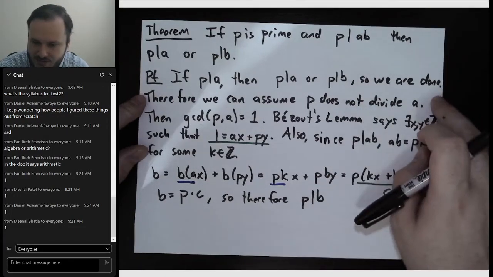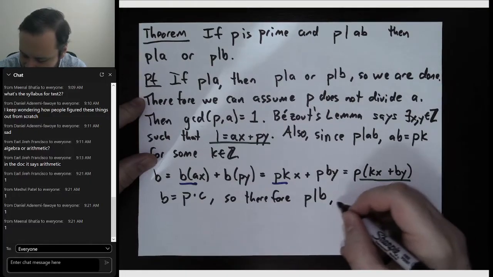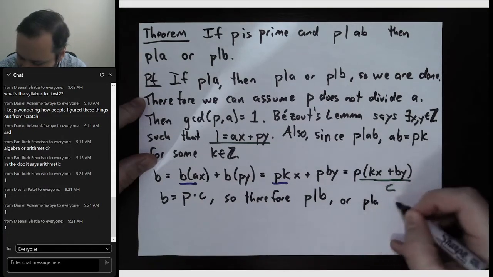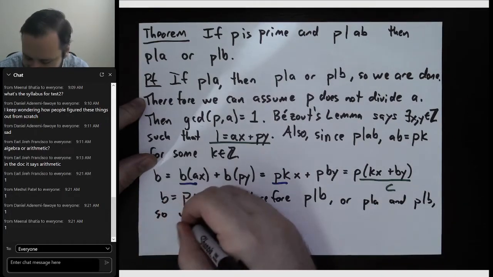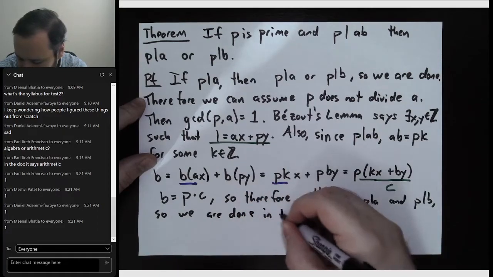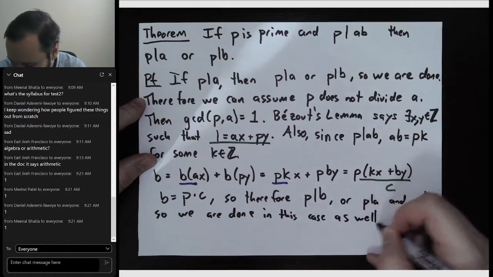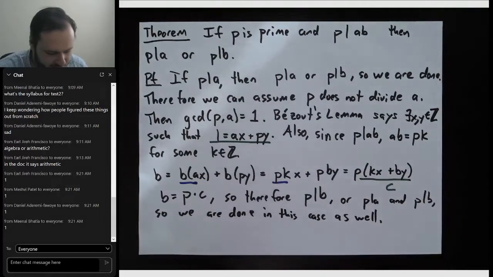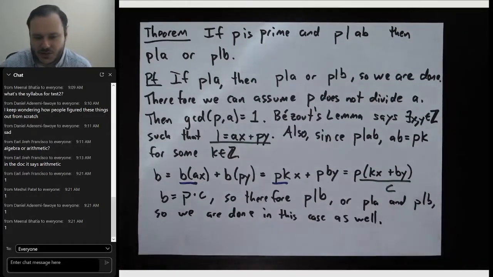And again, we're done. Or p divides a and p divides b. So we are done in this case too. I like this proof. It's slick. It's clever. Right? Gotta come up with this idea, but once you do, it looks so nice.